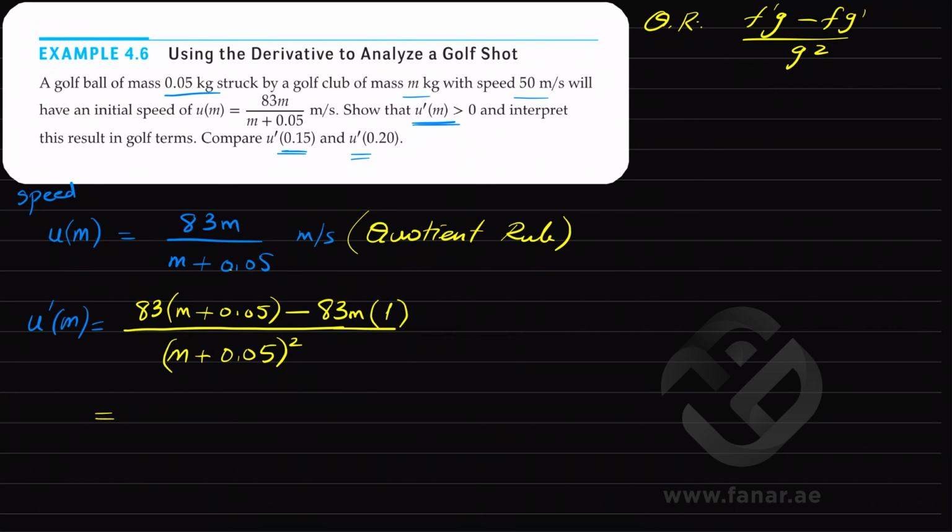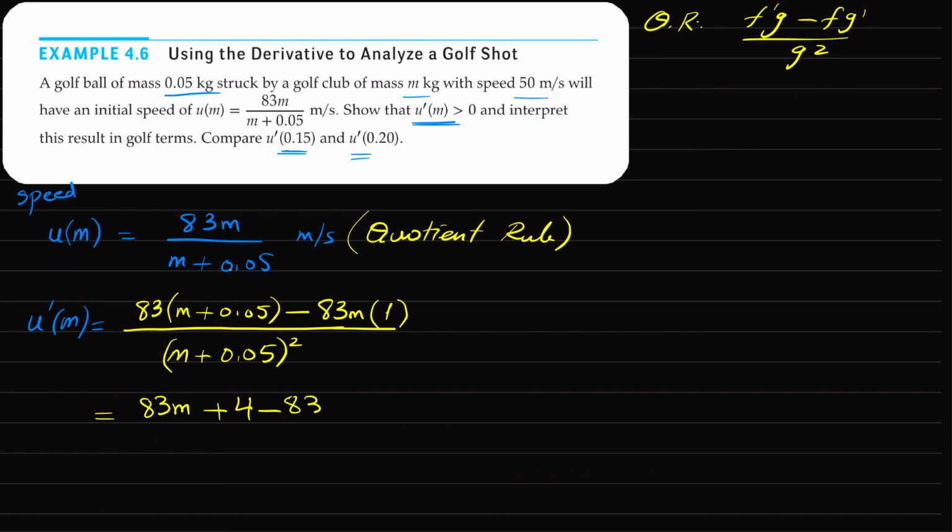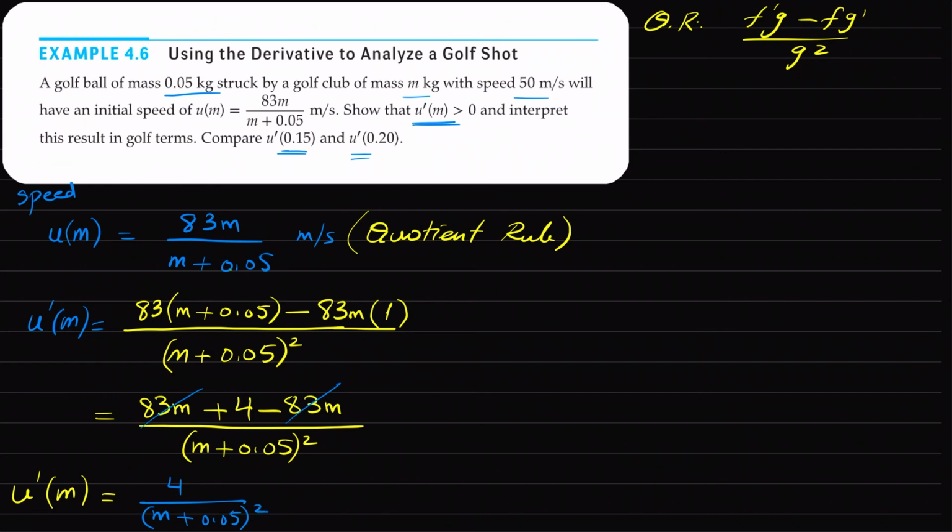So it's equal to 83m plus, expanding, 4.15 minus 83m over m plus 0.05 squared. So u prime of m is equal to 83m minus 83m, leaving 4.15 over m plus 0.05 all squared.